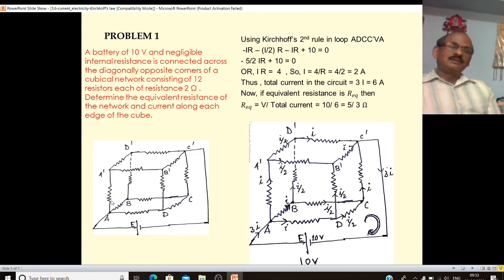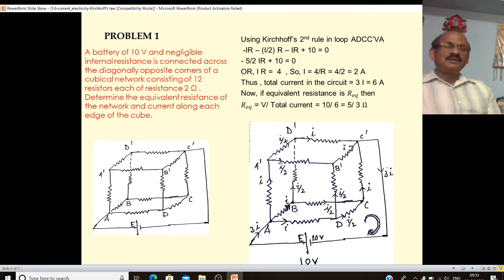Whatever current goes through this one, whatever goes through this one, if resistances are the same, then an equal amount of current will go. Since the resistors are equal, each of 2 ohm, equal current flows. So let the current supplied by this battery be 3I.